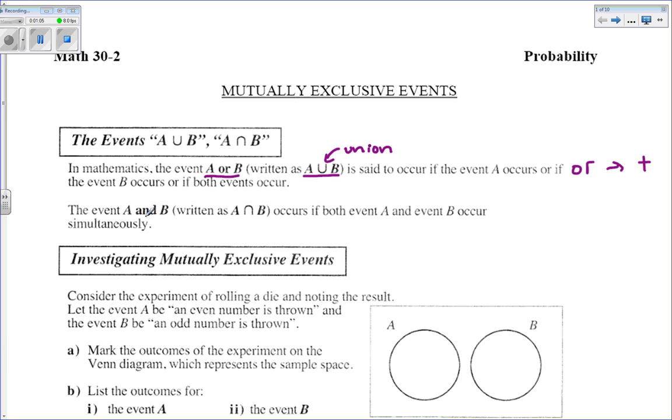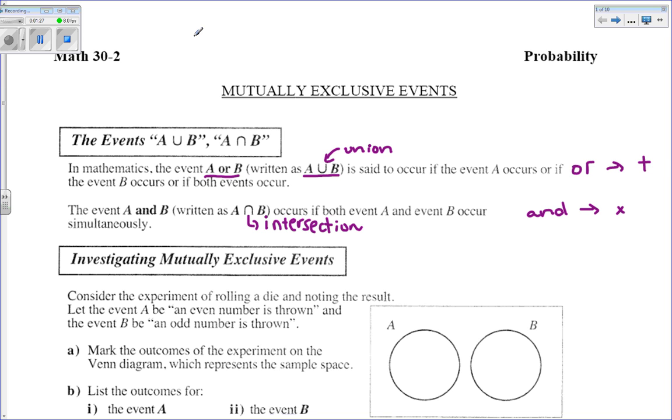Tomorrow we're going to look at events A and B, the intersection, when the event you're looking for is that intersection occurring. When you have "and," that means you're going to multiply. So for everything we do today, we're strictly doing adding.